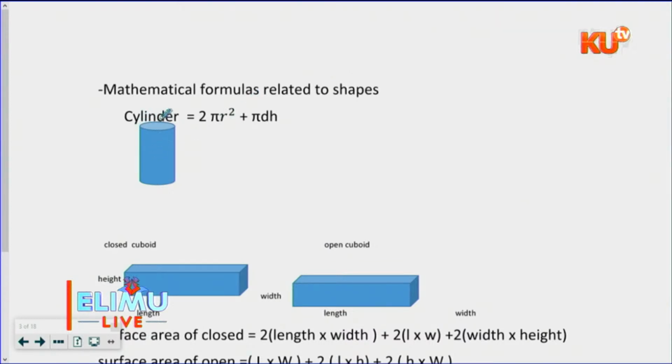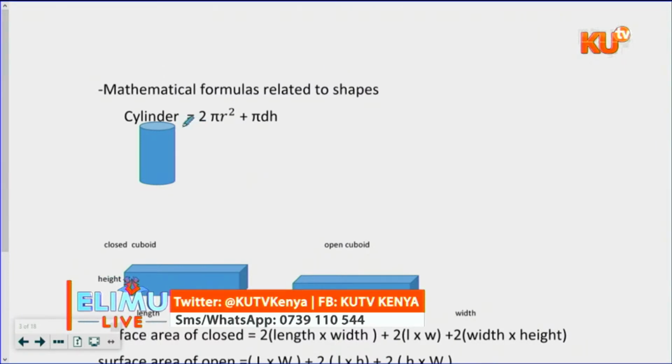This part round here, we call it circumference. And when we open it, it will look like a rectangle. So for us to get the area of a rectangle, we said earlier it is length times width. This part here, we'll not call it length at this point. We'll call it circumference.